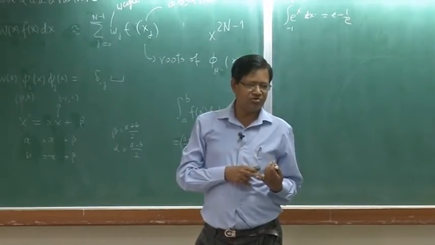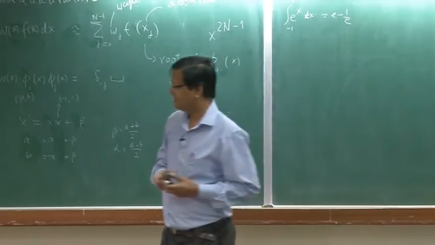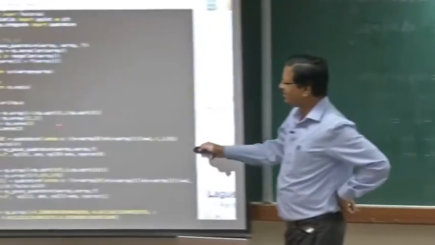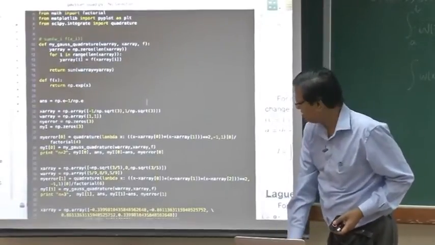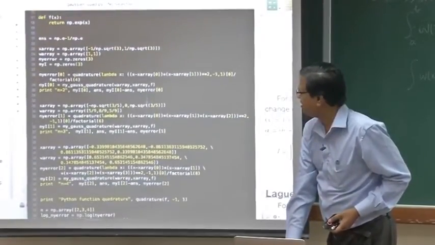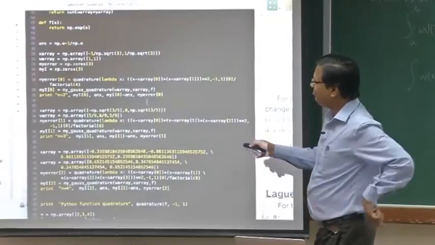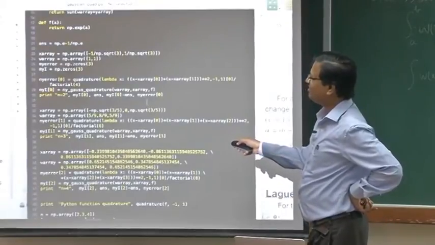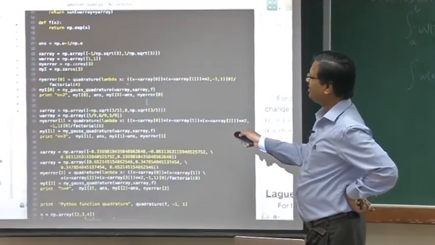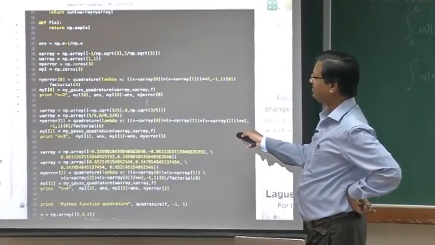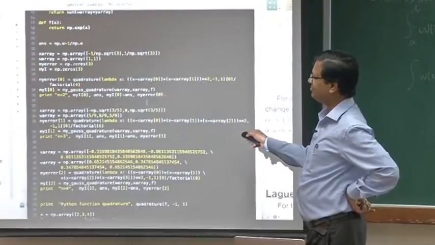So n equal to 2, n equal to 3, n equal to 4, number of points. So that is why I have created my error with 3 entries. So you just look at this line, so my answer is my quadrature, weight, X array and F. So this is my answer.